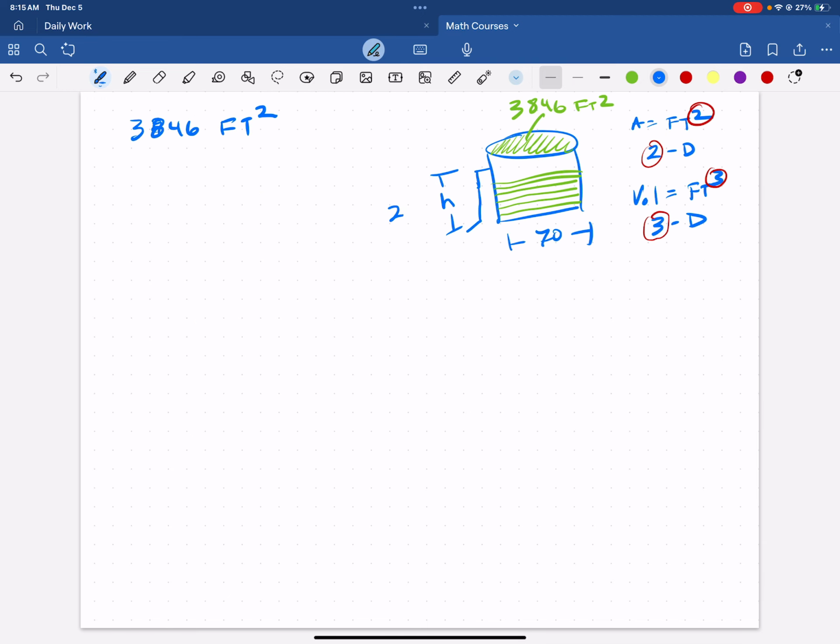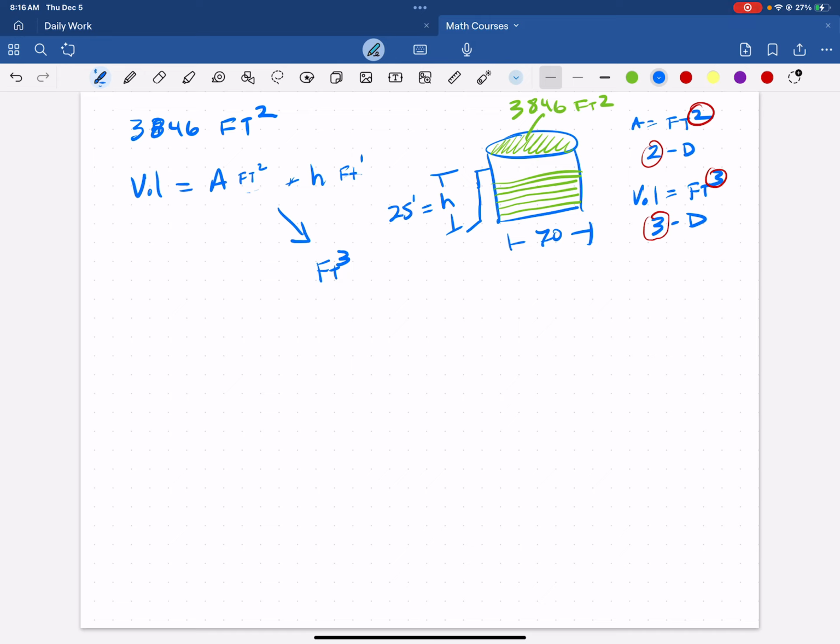So 25 feet is equal to H. So a volume is going to be equal to an area in feet squared times a depth H in feet. Look at that. We have square feet times feet. So lo and behold, this is going to break down to be feet cubed, because you got to imagine that's a little 1 on there. That's feet to the 1.